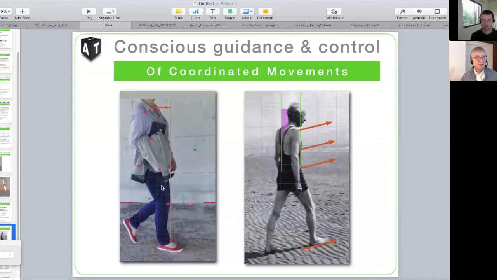And when we enter the stage of readjustment, what are we teaching exactly in conscious guidance and control?